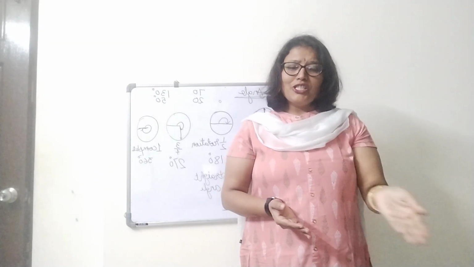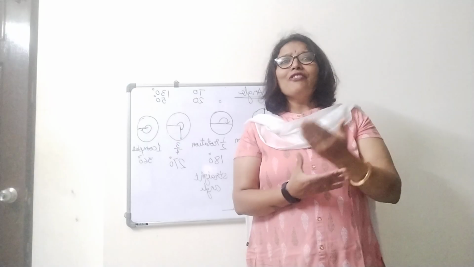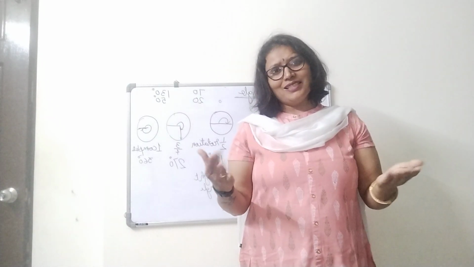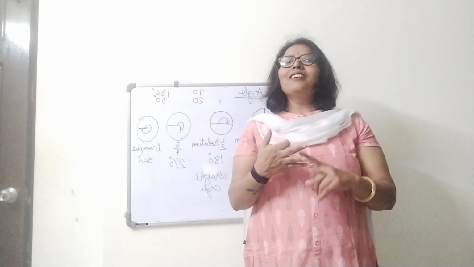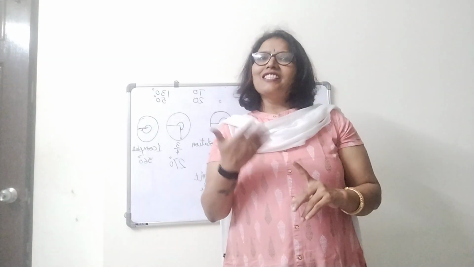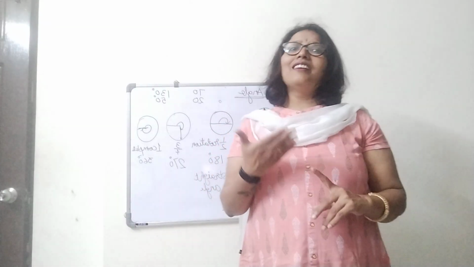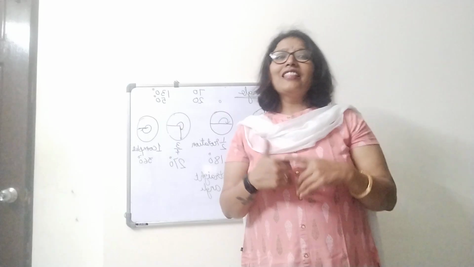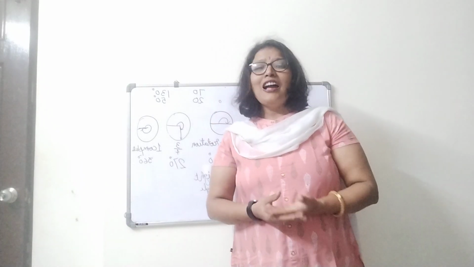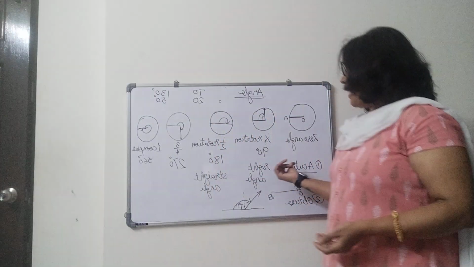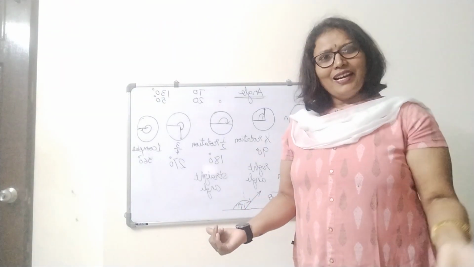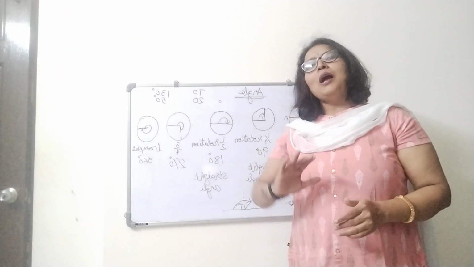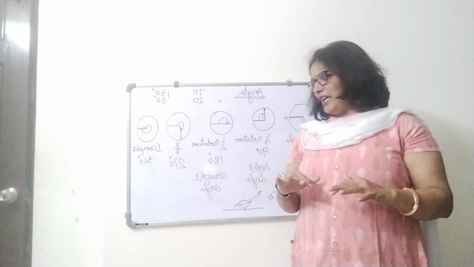When we saw the rotation, at that time we saw different types of angles: a zero angle, then 90 degrees, that is a right angle, then 180 degrees, that is a straight angle, then 360 degrees, that is a complete angle. Also we learned the acute and obtuse angle, whose measure is less than 90, that is acute, more than 90, obtuse angle.